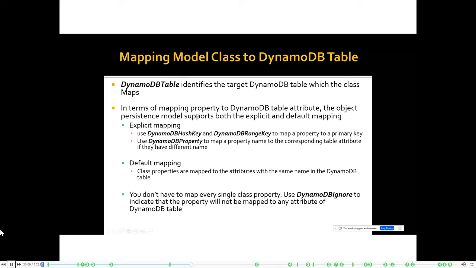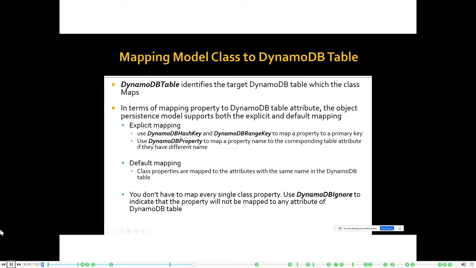And again, we say mapping the model class to DynamoDB. DynamoDBTable identifies the target DynamoDB table which the class maps to. In terms of mapping, I think I should say mapping DynamoDB table attributes to the class properties. So first is explicit mapping.